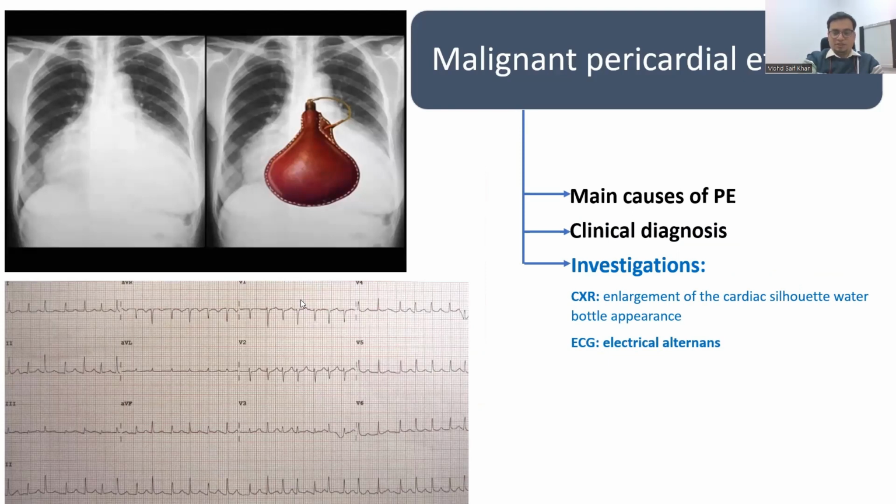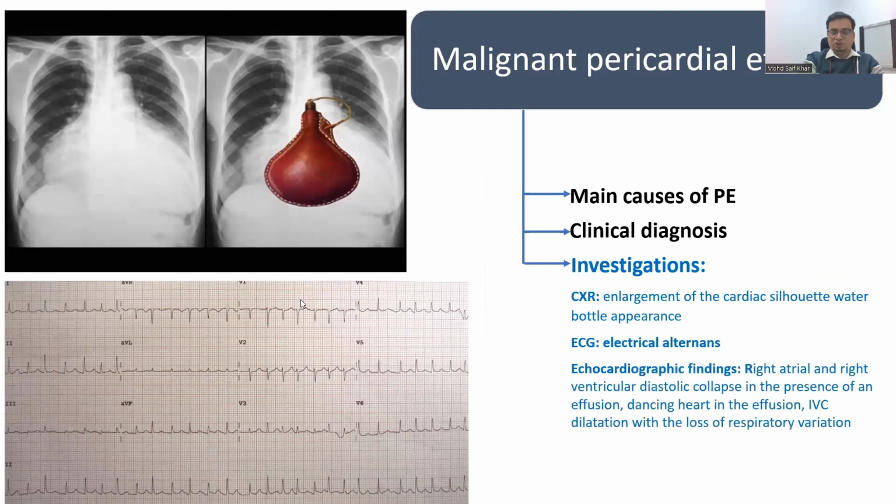Echocardiography is diagnostic, and that will show right atrial and right ventricular diastolic collapse, because outside there's a lot of fluid, and when the heart relaxes it will get compressed by the fluid itself. So that is called diastolic collapse, which is pathognomonic of tamponade physiology. Inferior vena cava, which we intensivists usually assess, you would see IVC dilatation of more than sometimes 2 centimeter, and there won't be any respiratory variation.